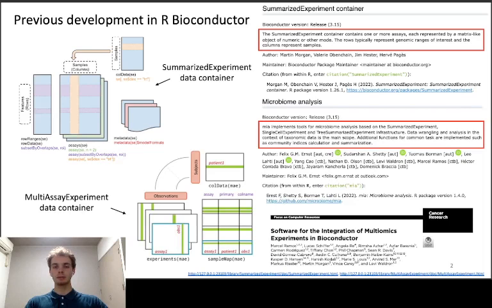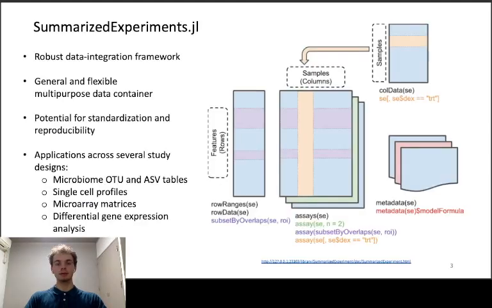Here, for the sake of simplicity, I'm going to introduce only the SummarizedExperiment object, but MicrobiomeAnalysis.jl and also its equivalent in the R language actually rely on both these and also other similar data containers. Right, now let's look into the SummarizedExperiment object.